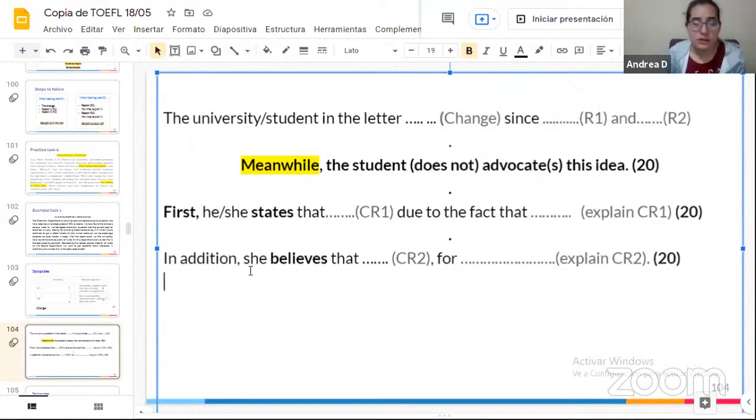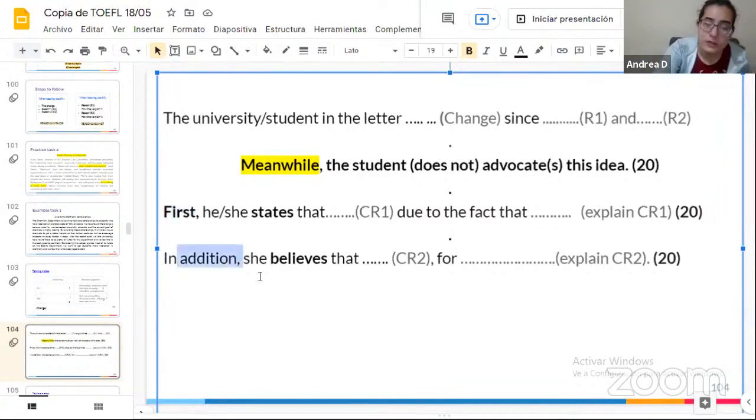As a result, I don't know, this won't work. In addition, she believes that, whatever it is, I think that most students don't like classical music, and they're more likely to plug in their MP3 players because it is not to their taste, whatever. So you're just explaining the reasons.